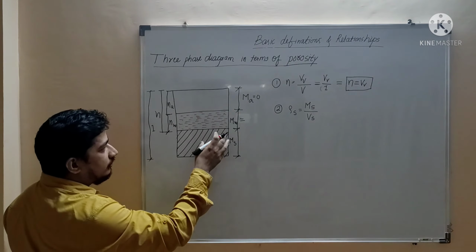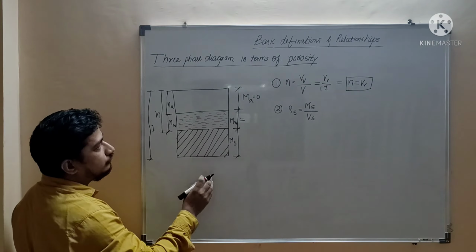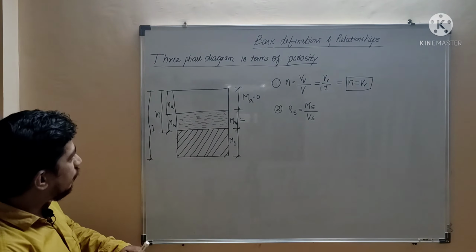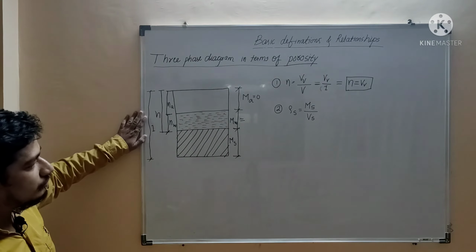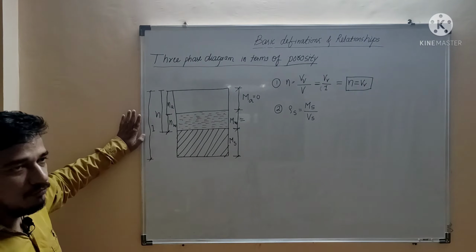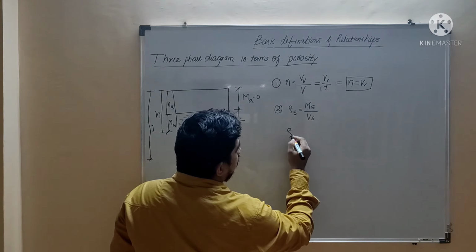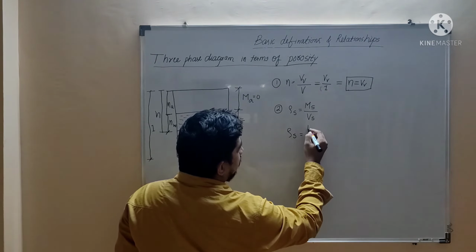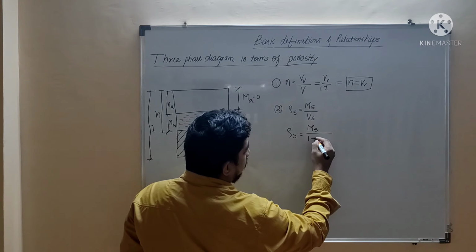So we want to find out this volume of solid. For that, this is the total volume, so if I deduct this porosity from this total volume, I can get the volume of solids. So rho s is equal to ms divided by Vs, that is 1 minus n.